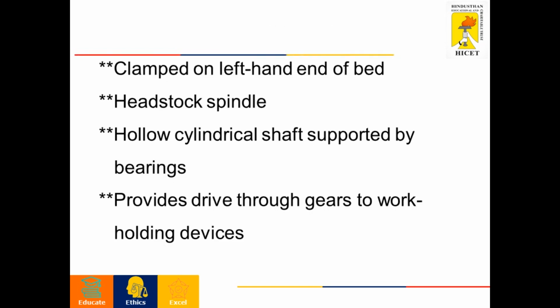It is clamped on the left hand end of the bed. The spindle is there. Different speeds can be obtained by the belt transmission system, with different diameters of pulleys and also gears.